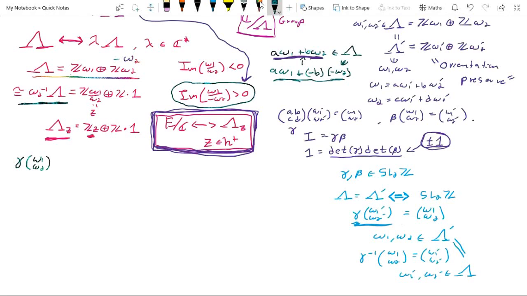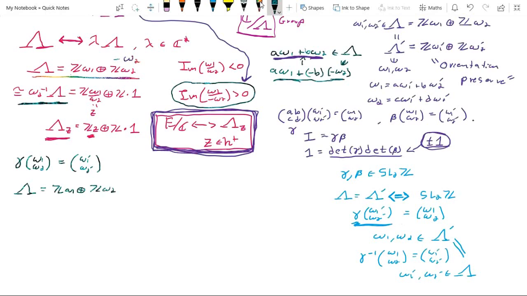To package this up in a slightly different manner, let's now consider the action of a matrix gamma on a pair of real linearly independent complex numbers, omega 1 and omega 2, and we'll call omega 1 prime and omega 2 prime the image vector of that. And I have my lattice lambda, which is the integer span of omega 1 and omega 2.